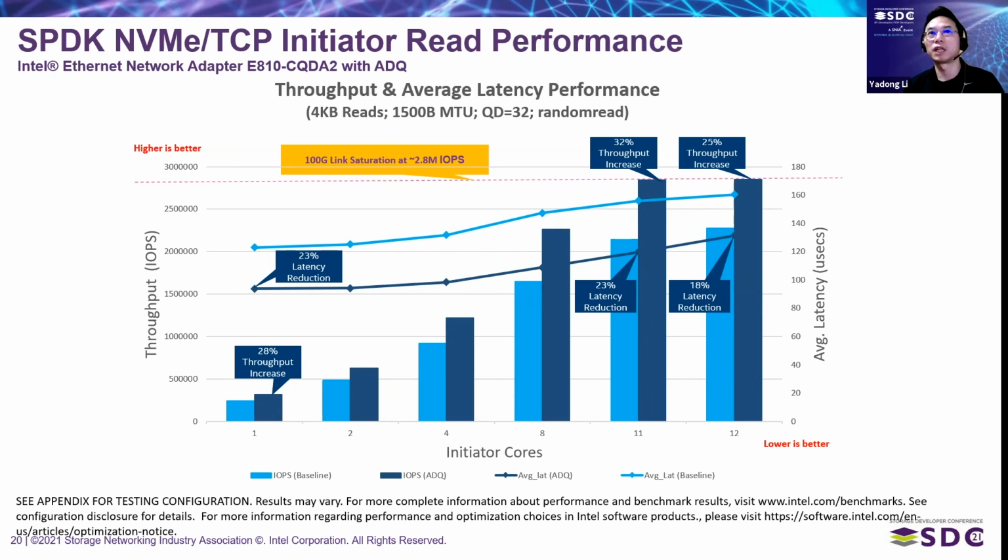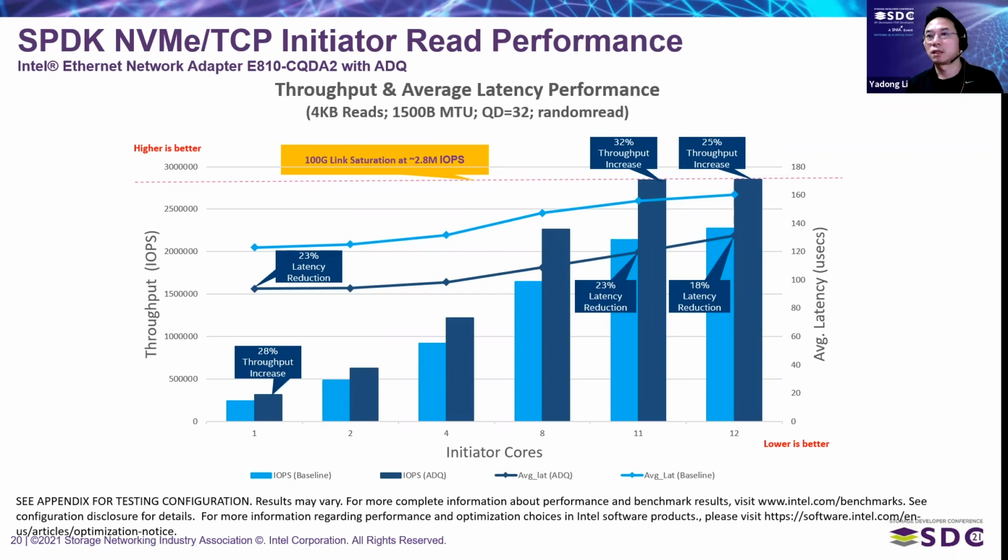So we're going to show you a few data points, right? If I look at the one core test from IOPS point of view with ADQ enabled, it shows 28% IOPS increase. So that's a very big number there, and the latency shows about 23% reduction.